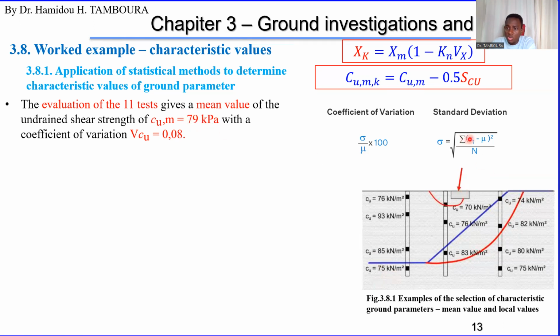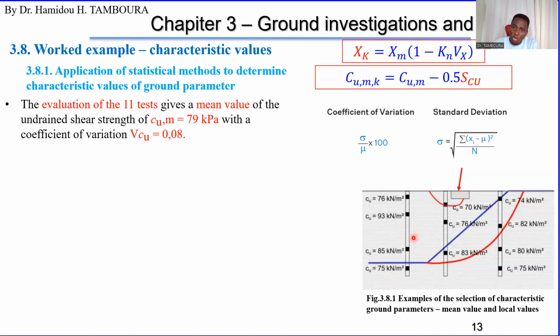So what you have to do is take each of these values, for example, 76 minus 79, because the mean value is 79. 76 minus 79 and square, plus, because you see the sigma here, okay? Plus you go to the next value, 93 minus 79, and you put the square.